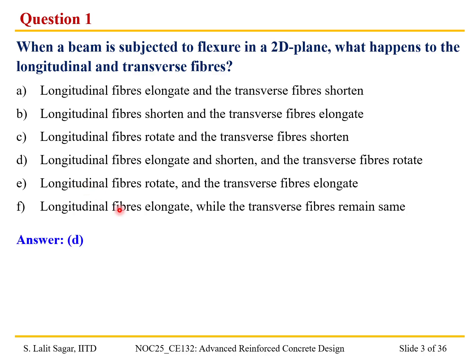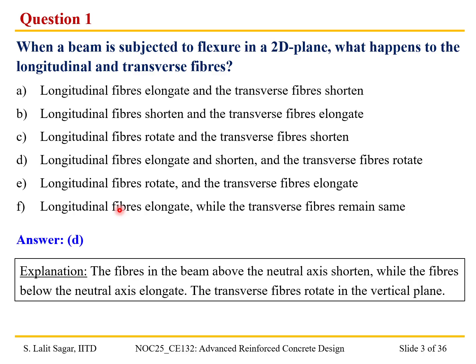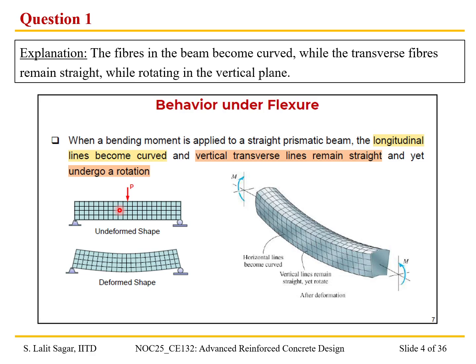Now let us look at the diagram which can explain what is happening to the longitudinal and transverse fibers of a beam that is subjected to flexure. So this is the undeformed shape for the configuration.